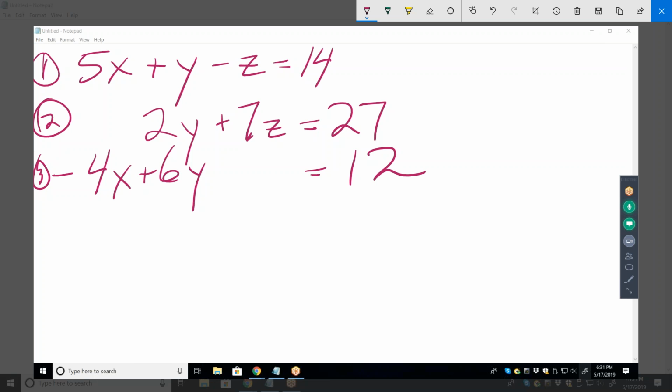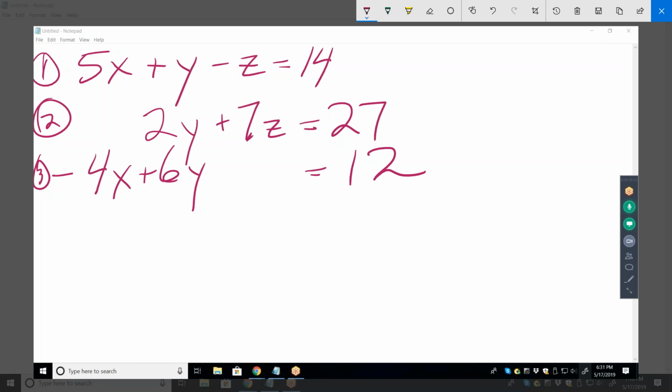And as long as I have two equations in x and y, I can solve it. So I have to turn these 3 equations and 3 unknowns into 2 equations and 2 unknowns. Like I said, it's a little easier to understand when you have all 3 variables in each one, but it doesn't matter, we can still do it.